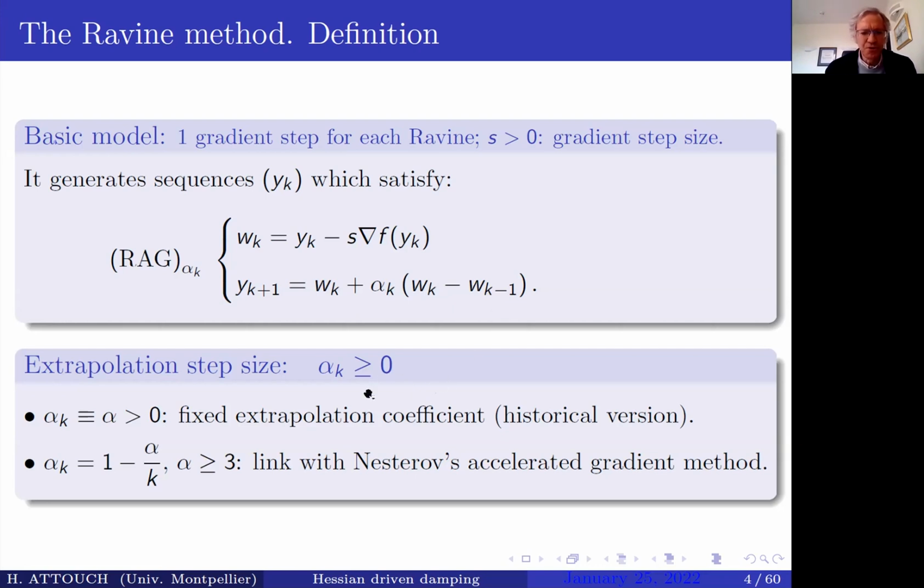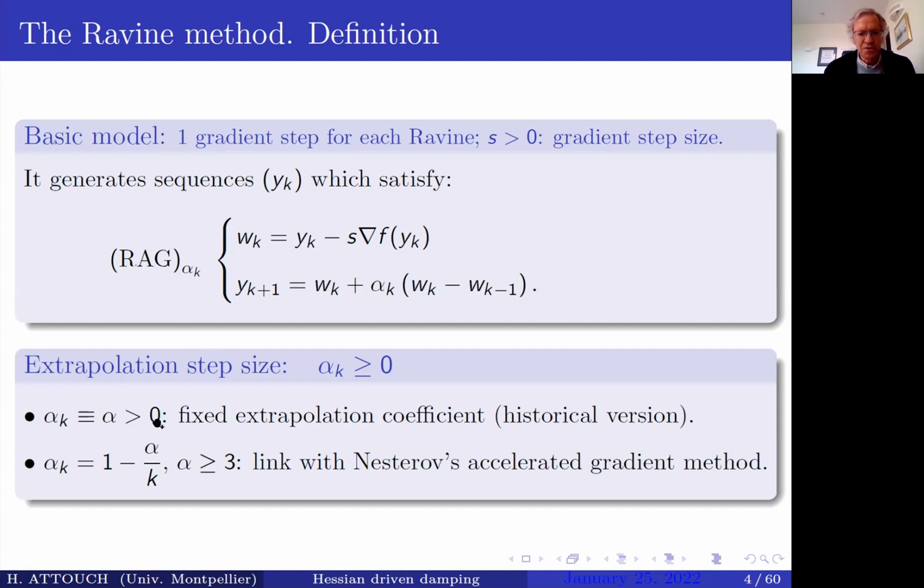So from a mathematical point of view, we take s a fixed gradient step. For simplicity, you can make it vary, you see, if you want. But the important point is the extrapolation. You know that for inertial methods, and this is an inertial method, the extrapolation is a decisive feature.